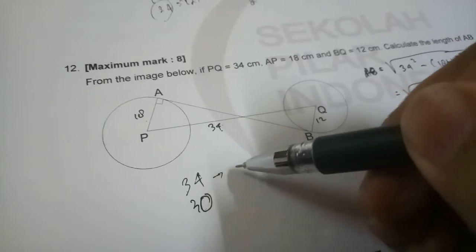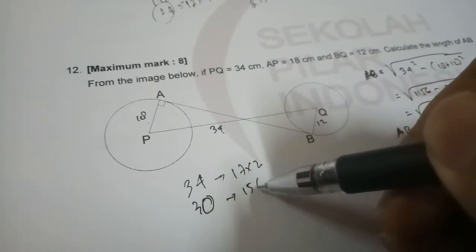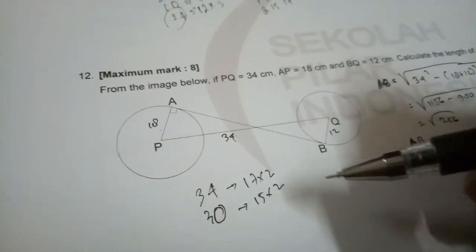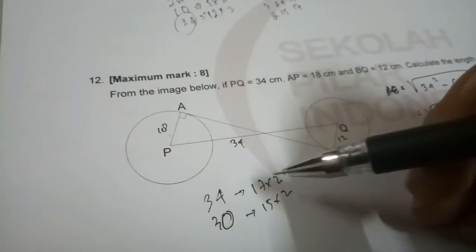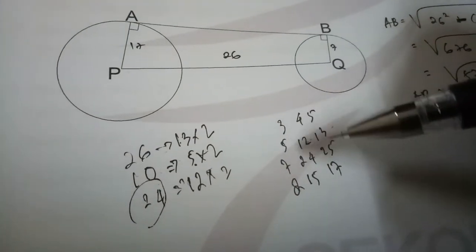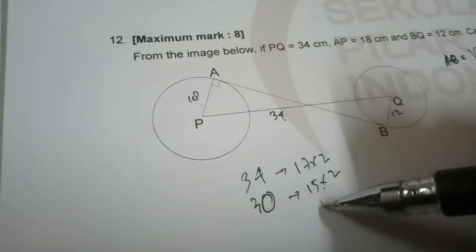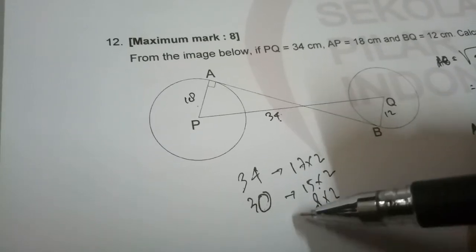So this equals 17 times 2, and this equals 15 times 2. Going back to the triple Pythagoras, we want to see 17 and 15. In this pair we have 17 and 15, but we don't have 8 yet. So the other side length is 8 times 2, which equals 16.